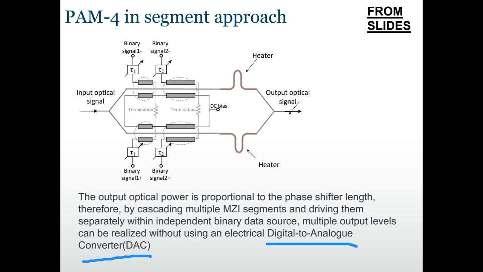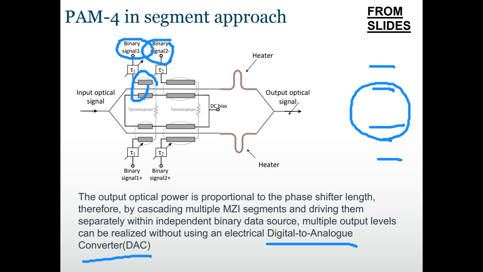We use multiple transmission line. So for example, if it's PAM 4, then we have two logical bits. They control, so we have 4 amplitude levels. One bit is in charge of the smaller amplitude level. Another bit is in charge of the higher amplitude level.